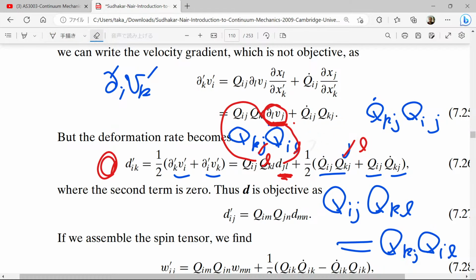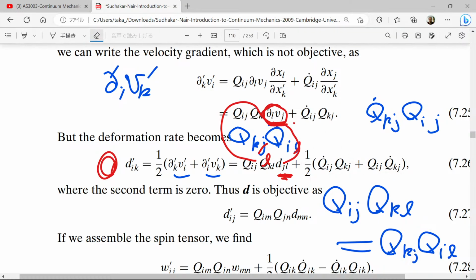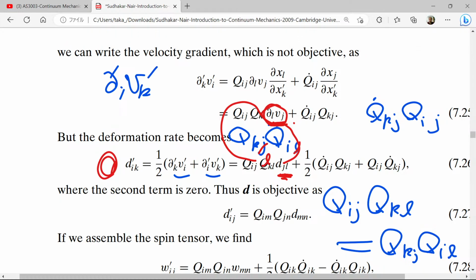This is the time derivative of the identity matrix, which is 0.